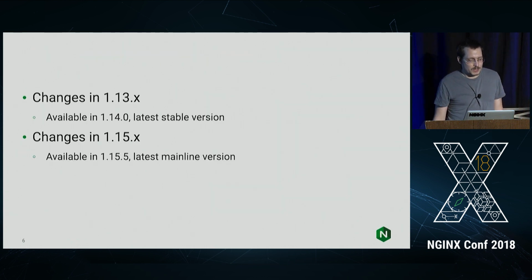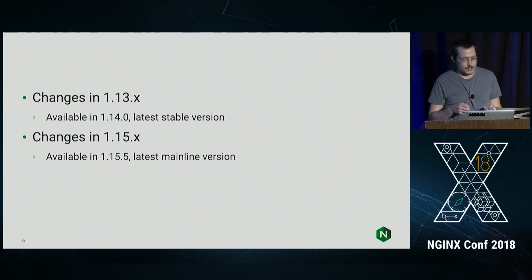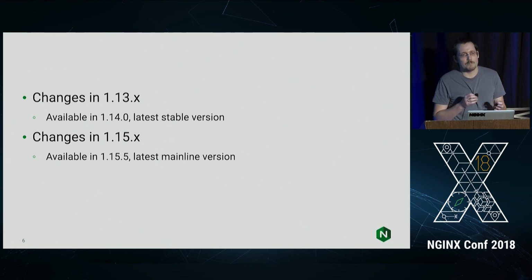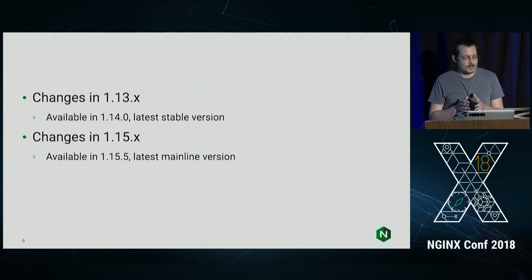And today we will talk about what you will get if you upgrade to one of the latest versions, either to the latest stable or to the latest mainline. So we will talk about the changes developed in the 1.13 branch and available in the latest stable, and changes introduced so far in the 1.15 branch.